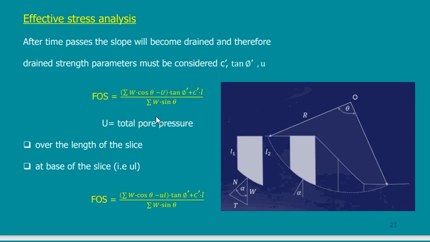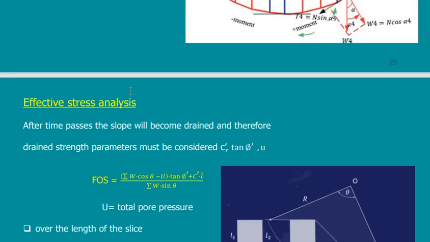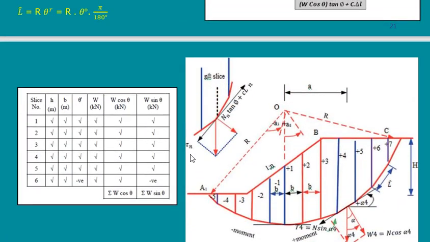This is the equation that you are going to use. I use the summation of W cosine, and here the summation of W sine. It means that the W cosine is the force causing resistance, and this is causing driving. So this is your phi.